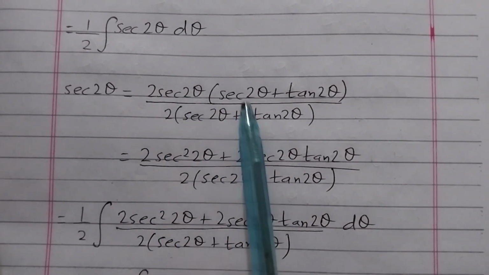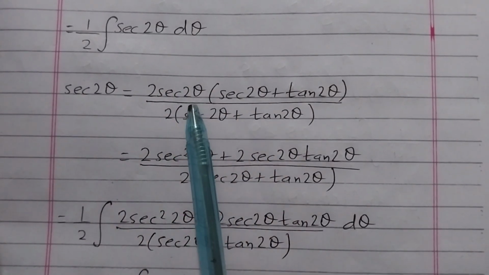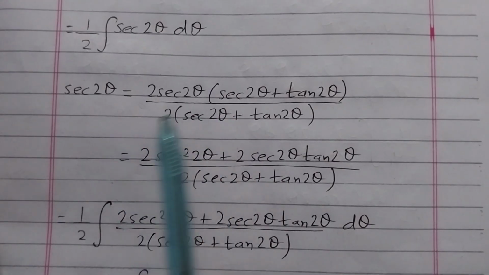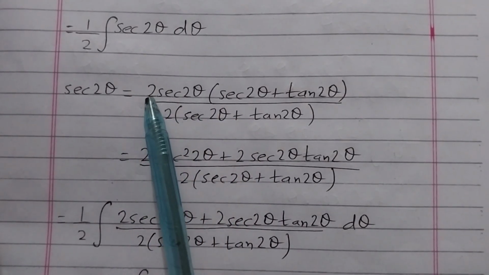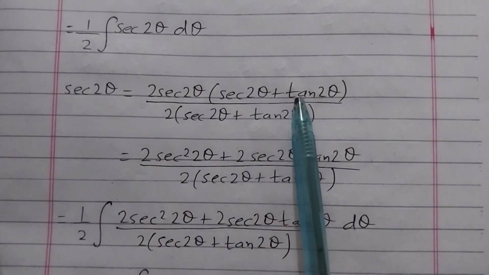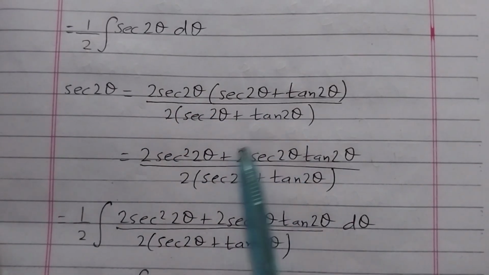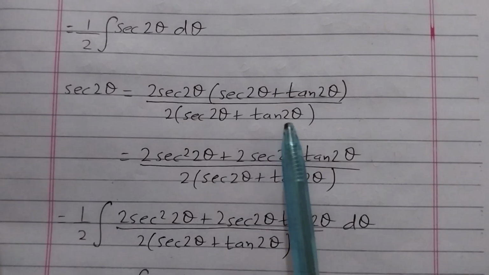And why am I writing this secant 2 theta in the form of this fraction? This will be clear in a few moments. So I have multiplied secant 2 theta with 2 and secant 2 theta plus tan 2 theta, and I have also divided by the same thing.